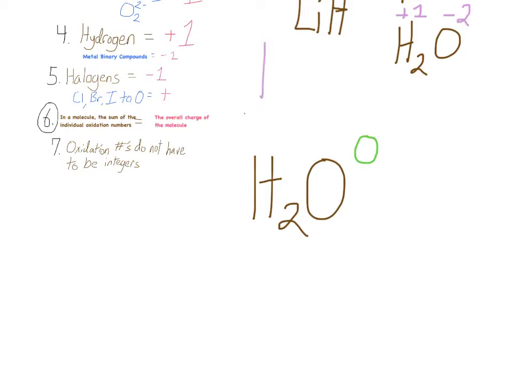Now, if we follow this rule again, in a molecule, the sum of the individual oxidation numbers equals the overall charge. So let's make this an algebra equation. So the oxidation number of hydrogen, we'll put that as H, and there's 2 of them, so I'm going to put times 2, plus the oxidation number of oxygen, so I'll put an O right there.